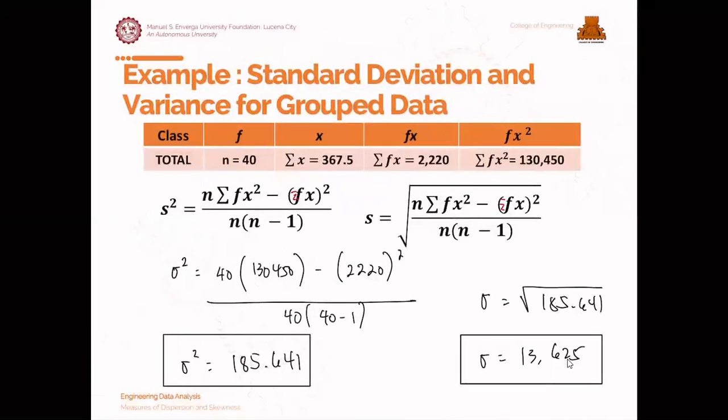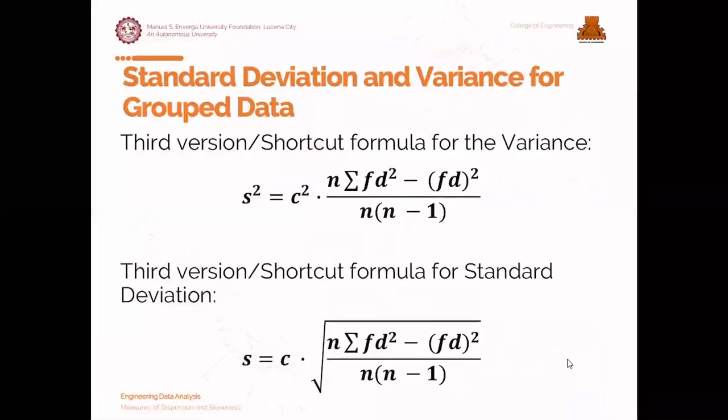So, sa group data, unique tayo kasi meron tayong another version ng formula. Although, I would not consider it as a shortcut formula kasi kita nyo naman, iba yung form niya. Pero magagamit mo itong formula na to kapag ang ginamit mong formula for the mean... kung matatandaan nyo, meron tayong dalawang formula ng pagkuha ng mean.